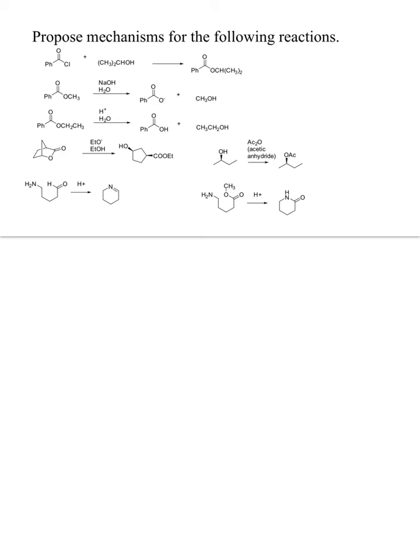Okay, this one, propose mechanisms for the following reactions. This is kind of important because you need to be able to write your tetrahedral intermediate. So here you have an alcohol. As long as you can find your nucleophile and recognize that this is going to form a tetrahedral intermediate.